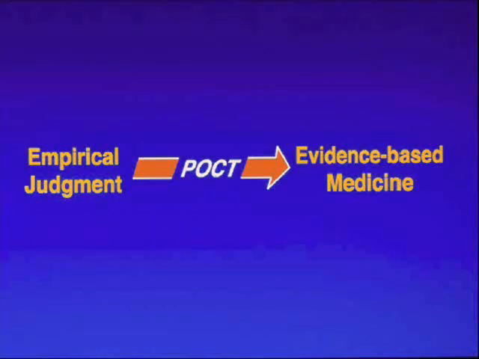Ultimately, point-of-care testing serves to bridge the gap between empirical judgment and evidence-based medicine. Evidence-based medicine is a new term created over the last maybe 10 years or so, and is defined as the conscientious and judicious use of the latest information to provide the best possible treatment.